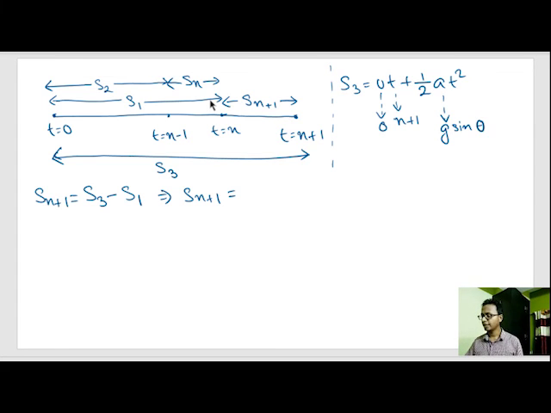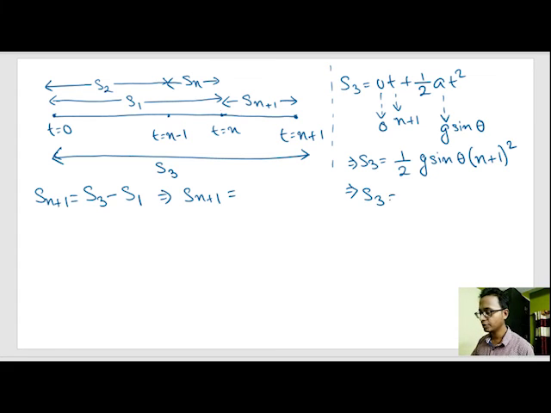So S3 becomes 0 plus half g sin theta into n plus 1 square. Or S3 is equal to half n plus 1 square into g sin theta. I just wrote it in a more appealing way.